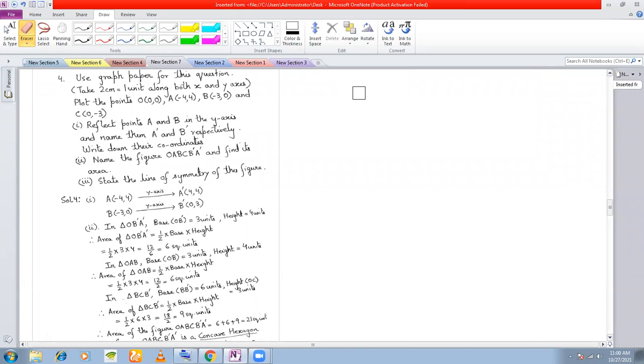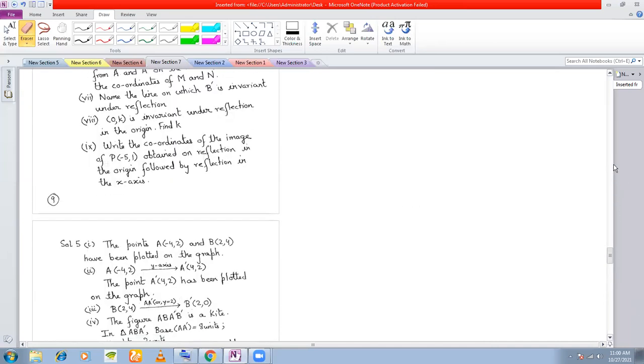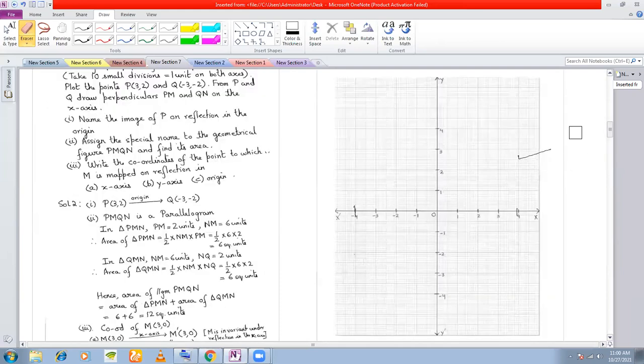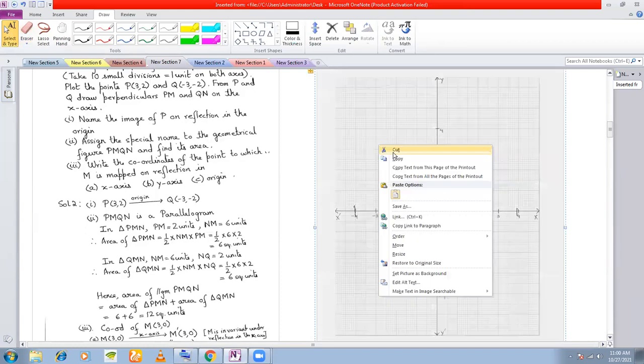Now, if you see all the x coordinates of the points, the highest x coordinate is 4. And the highest y coordinate here is clearly 4. That means we can use a bigger scale. We can use a wider scale.